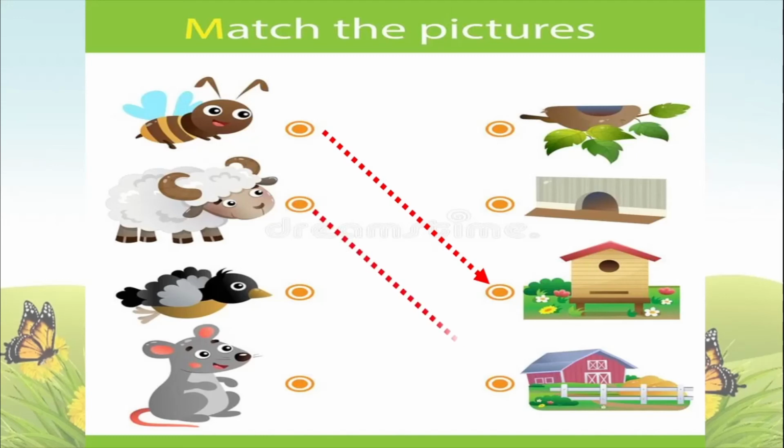They live on farms. Then look at the bird. Where do birds live, or what is the shelter of birds called? They are nests. And finally the rat or the mouse, it lives in holes in our houses. So this is how we matched the shelters of the animals with the names of the animals.